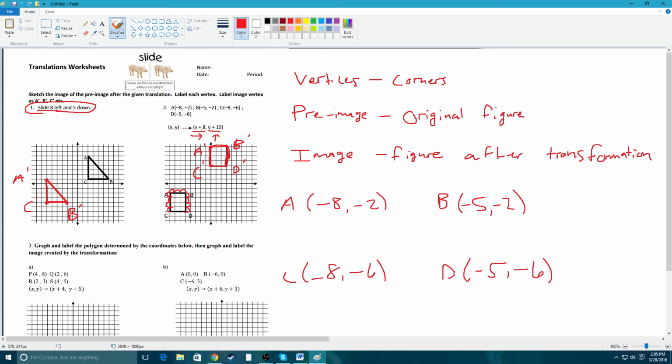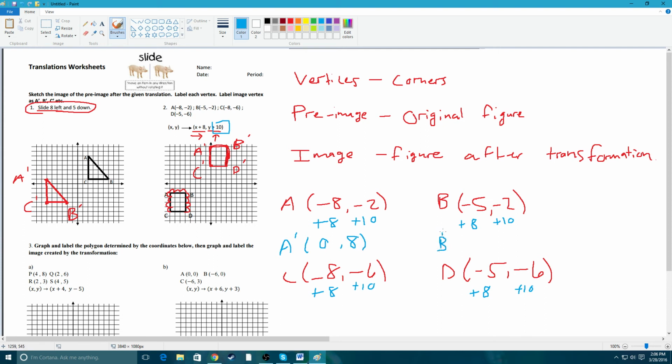So what we're going to do is, it says x plus 8, so we add 8 to all of the x values. And since it says y plus 10, we're going to add 10 to all the y values. Okay. So our A prime becomes 0, comma 8.